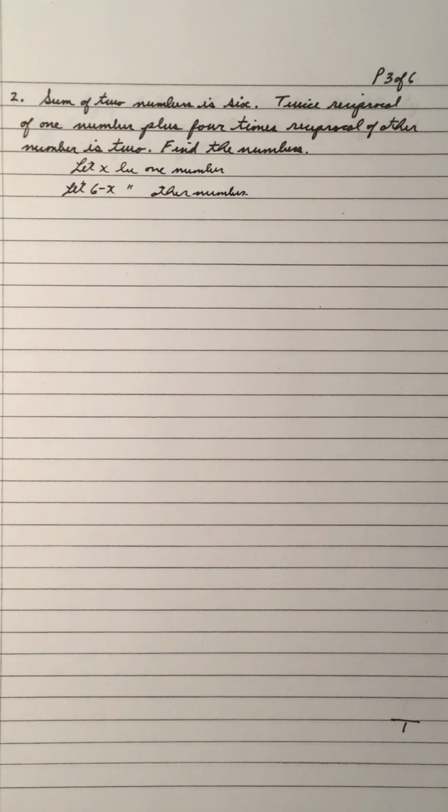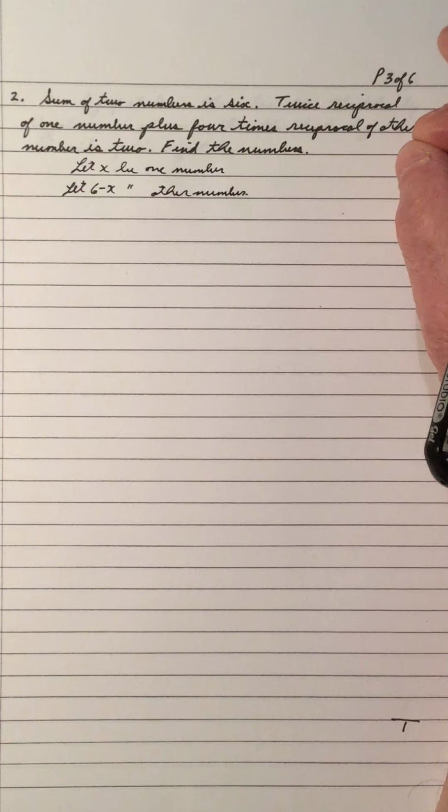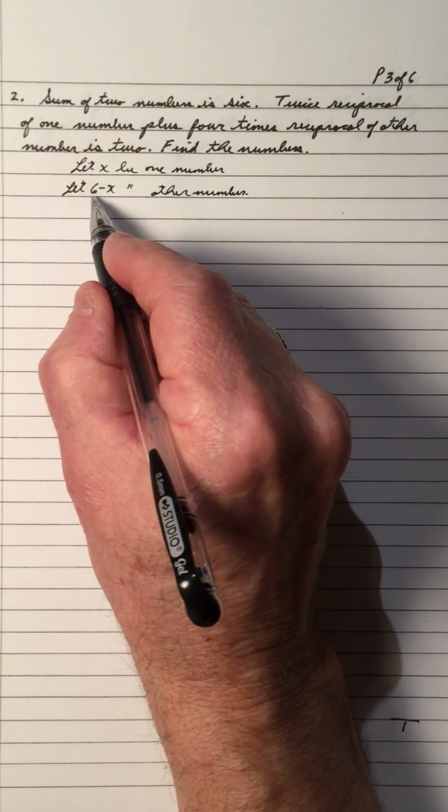Remember, if two numbers add up to a sum, one is x, the other one is the sum minus that number. For example, if you have two numbers adding up to 6, and you got a 5, how do you get the other one? 6 minus 5. If you got a 4, how do you get the other one? 6 minus 4. So the numbers are x and 6 minus x.